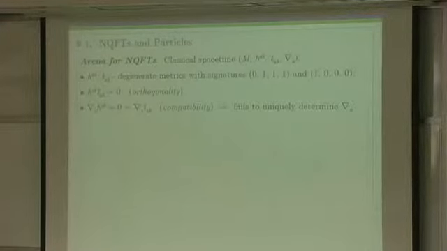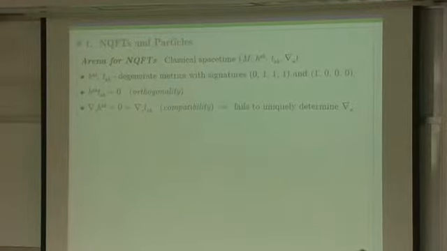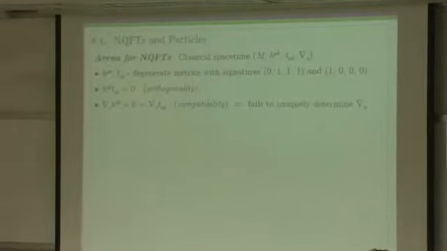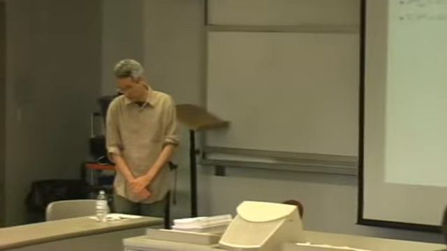But unlike the Lorentzian case, the compatibility condition fails to uniquely determine a curvature tensor. While all classical spacetimes have the same metrical structure, they may differ in their curvature.